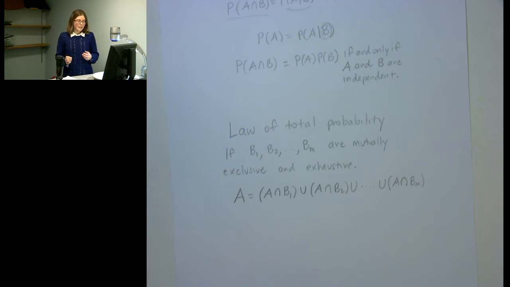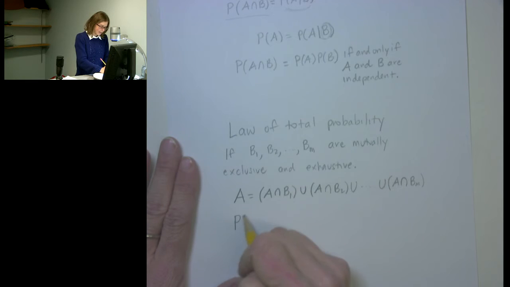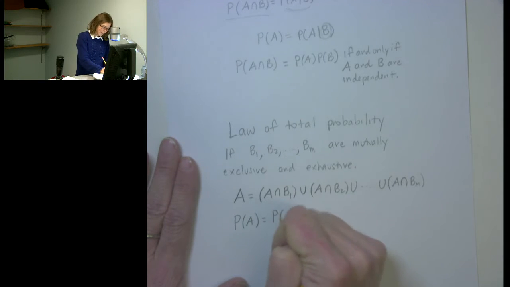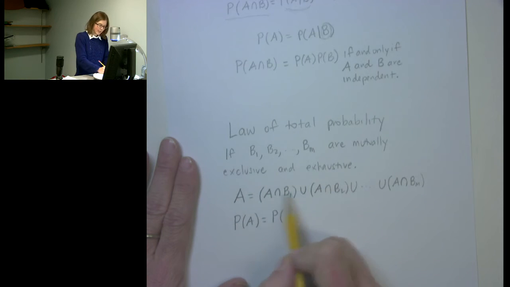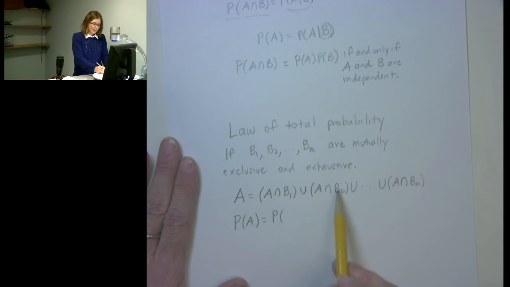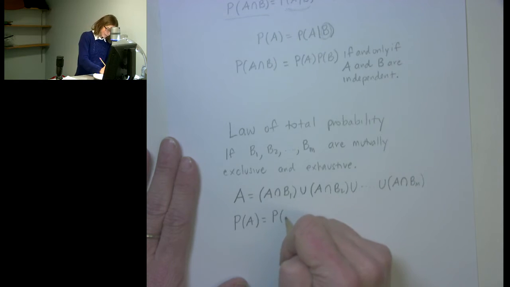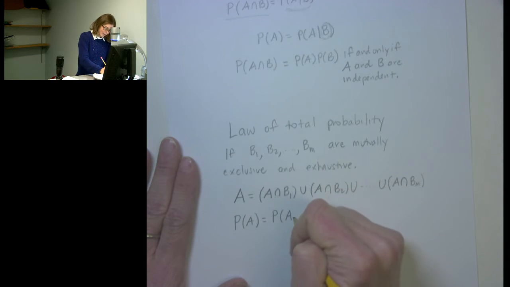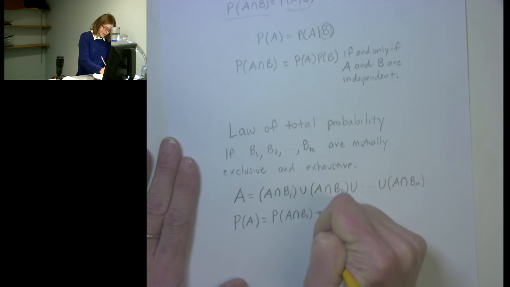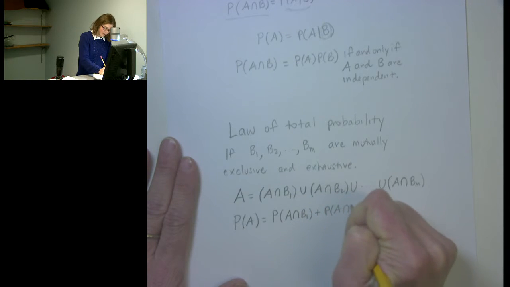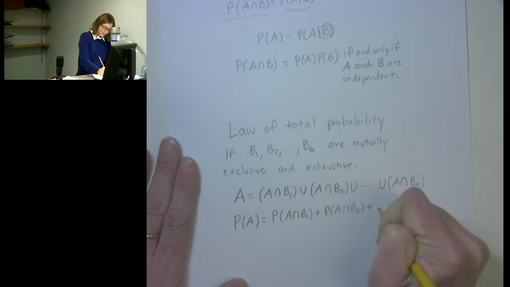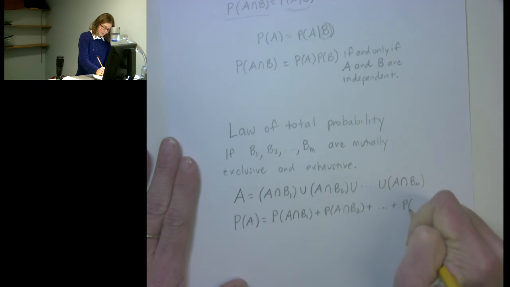And so what this means is that if we need to calculate the probability of A, then we can do it by figuring out the probability of these intersections. Because these B1 through Bm are mutually exclusive, there won't be any intersections between these events. So we can add the probability of A intersect B1 plus the probability of A intersect with event B2, and so on, up through the probability of A intersecting with B sub m.